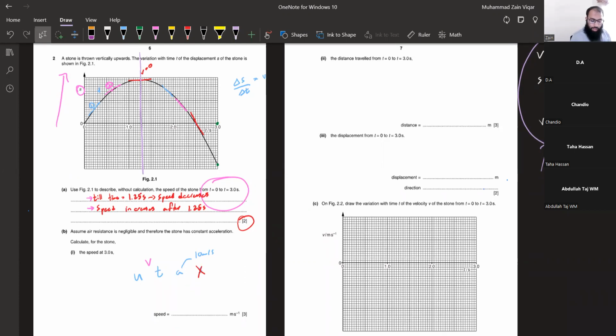So initially my velocity was zero, so my initial velocity u is equal to zero. And the time taken in this region, from 1.25 seconds till 3 seconds, is 1.75 seconds.